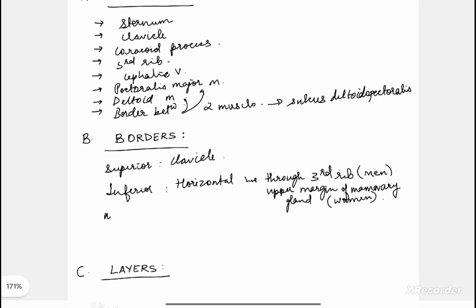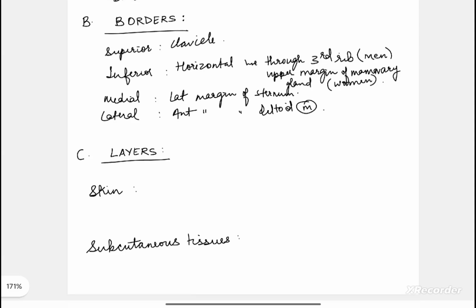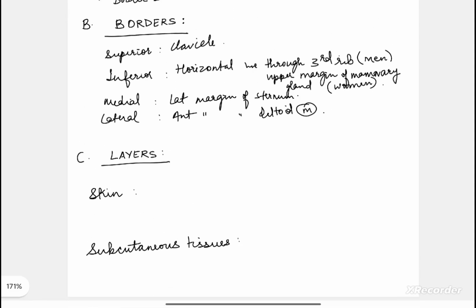Now medially, there is the lateral margin of the sternum, and laterally there is the anterior margin of the deltoid muscle. Okay. Now we move on to the layers. The skin of the subclavian region is very thin and movable.